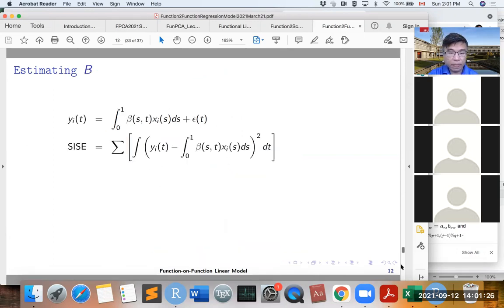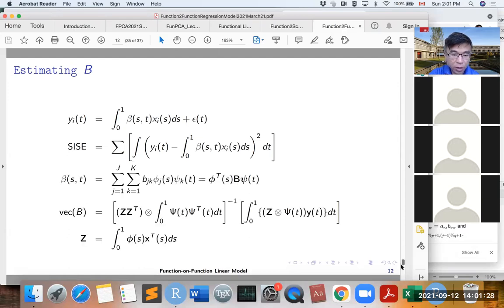So you can do the least squares, and you will find that the vector of the coefficient matrix B will be in this form. It's a little bit complicated, involving a lot of Kronecker products, but generally we know Z is known, psi is known, Y is known, so we can calculate the vectorization of the coefficient matrix B by this formula.